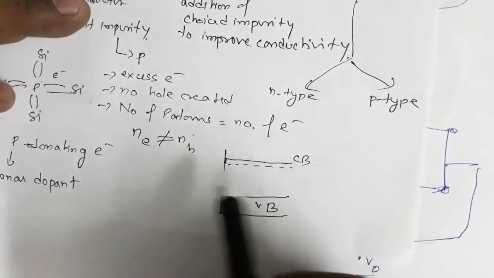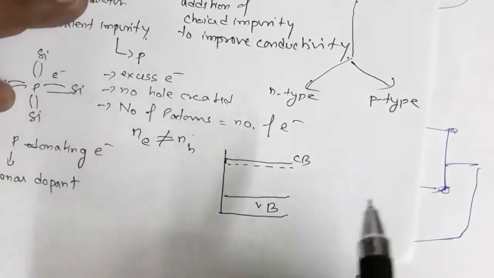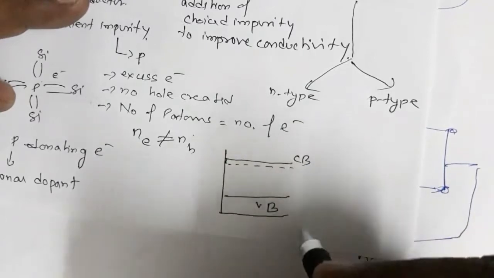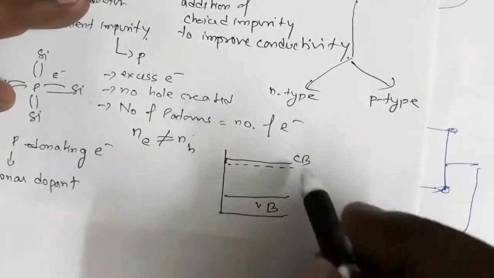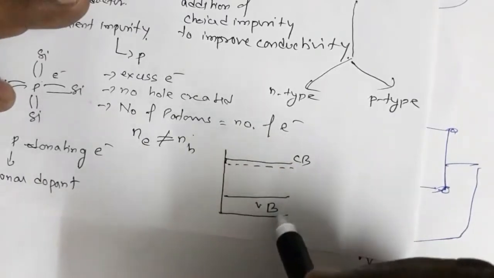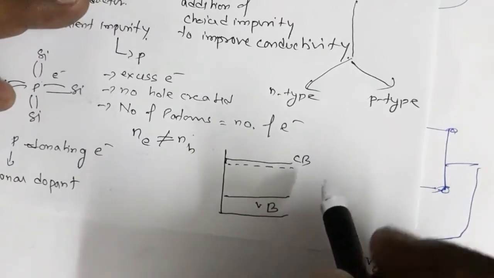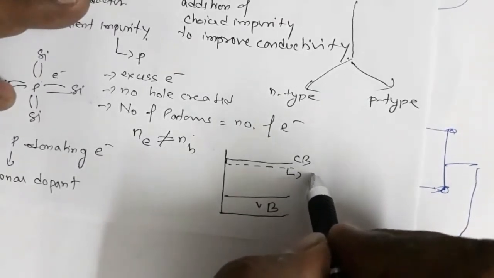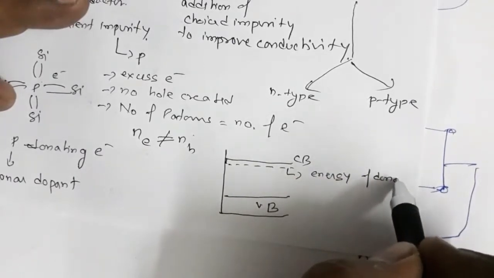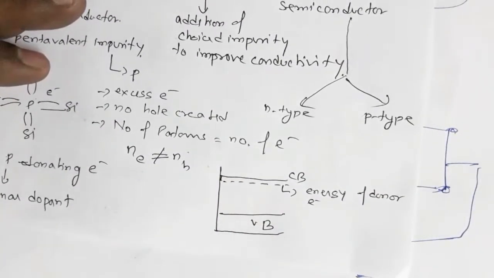The electrons donated by this phosphorus, this excess electron, have energy just below the conduction band of silicon. On band theory you have this conduction band and the valence band. So the donor electron energy is just below the conduction band.